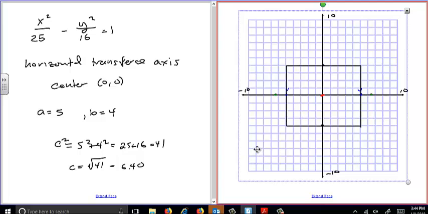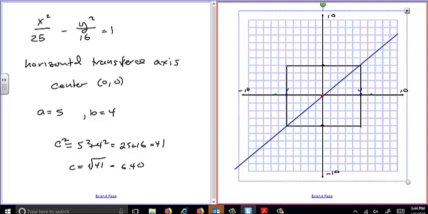Okay, so now what do you do with this? We're going to do it graphically, but we'll end up talking about the equations. You draw a line diagonal through the center from one corner of this rectangle to the other, and then you extend it out to the edges of the graph, and then you can do it the other direction.